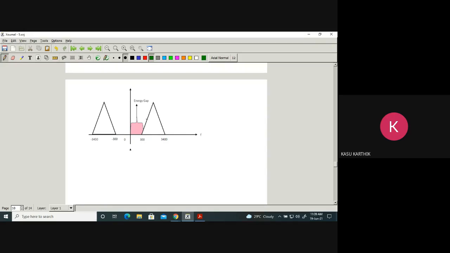Now we have an energy gap of how much? 300 hertz. This is M of f. It does not exactly start from the origin, but video exactly starts from the origin. So a video signal cannot be transmitted using single sideband. That is the problem actually. But when it comes to speech or voice, it is okay. Can you tell me another signal which does not start exactly from zero?